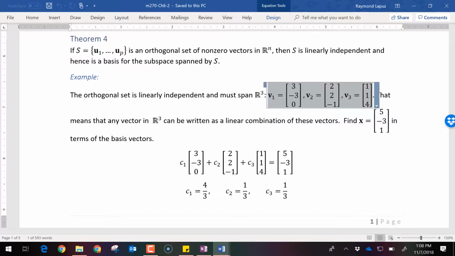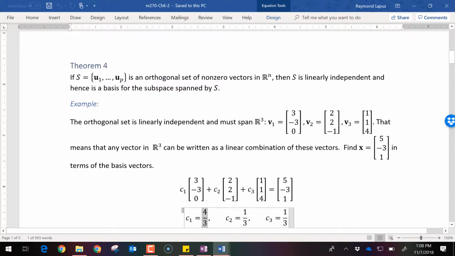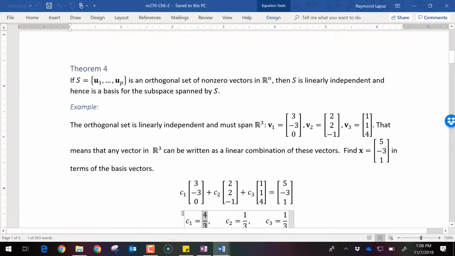And because they span all of R3, I can randomly pick any vector x in R3, and I can write it as a linear combination of those 3 vectors. One way to do that is to make a matrix out of this and then row reduce, and that's how they got the c1, c2, and c3. And we'll see in Theorem 5 that there's another way to do that.